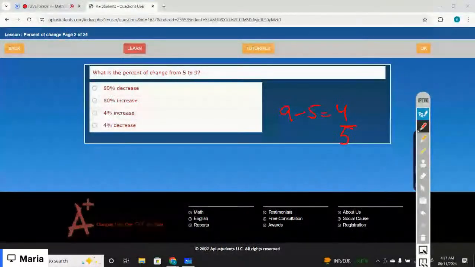So 4 over 5 is 0.8. Multiply it by 100%. So that is 80% increase. That means the value is increasing by 80%. The correct option is 80% increase. Option number 2 is the correct option.